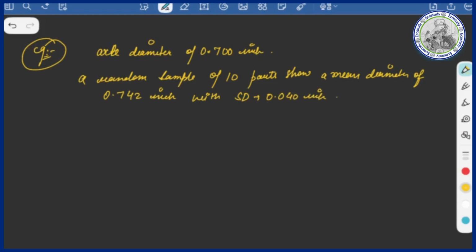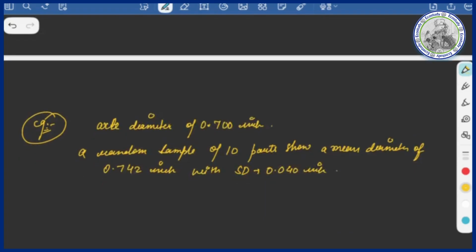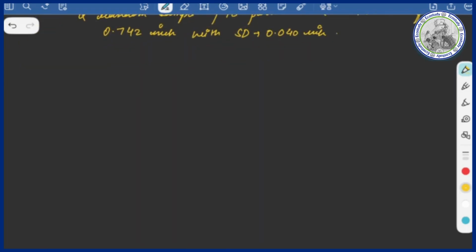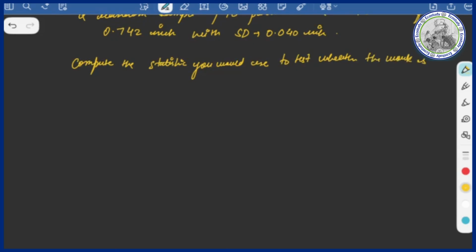Now what it asks: compute the statistic you would use to test whether the work is meeting the specification.